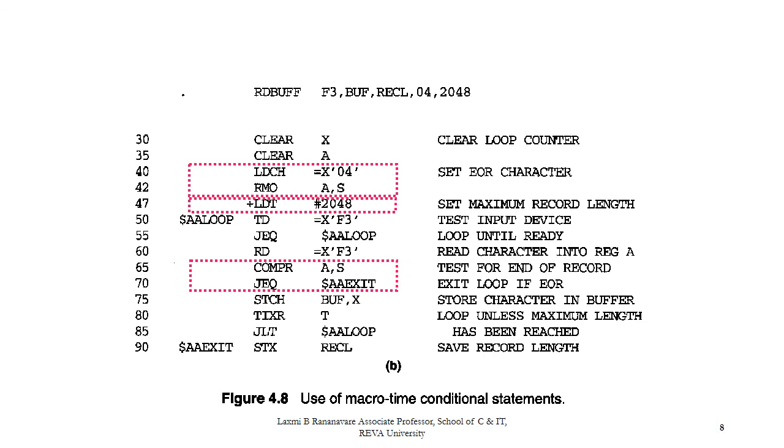If not, it may read fewer than 2048 characters, but once it reads 04, it stops there and goes to the last statement. So the maximum is 2048 characters, and the minimum depends on when we read 04 into the accumulator. At that time it comes out of this loop.